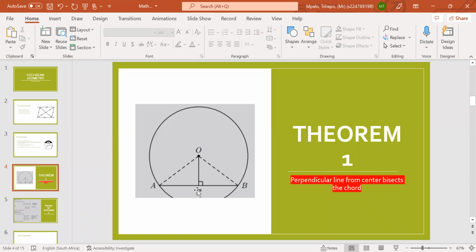What are we expecting? AP to be equal to BP. That's only when we have a line from the center that is perpendicular to the chord.